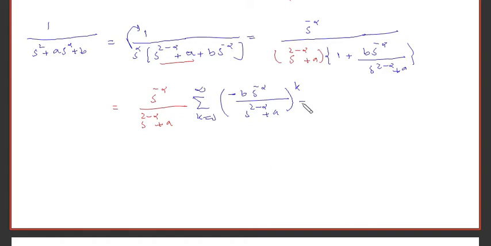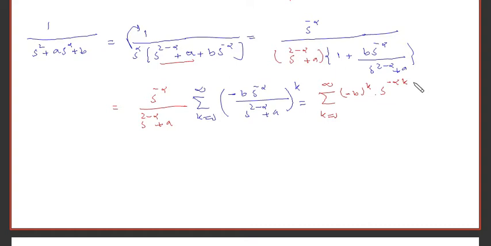Just splitting it down, I can shift all these terms inside the infinite series because these terms have no k, so they are independent of k. You can just put them inside the series and join the common terms. So it becomes the summation k from 0 to infinity of minus b to the power k, and then s, and s has minus alpha, which in this case becomes minus alpha k, and one s is outside.